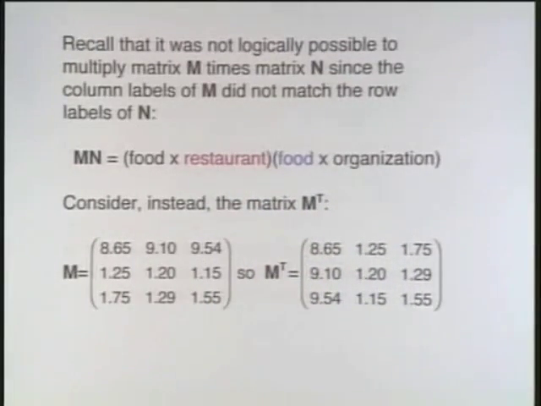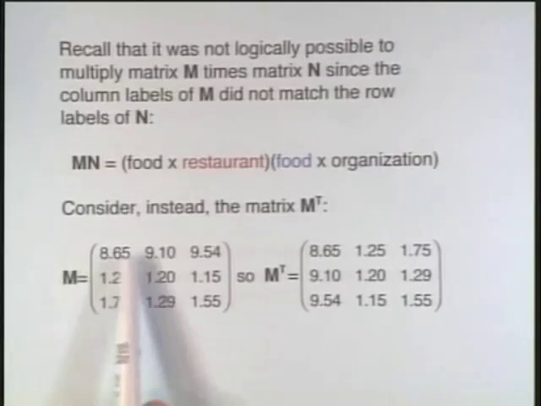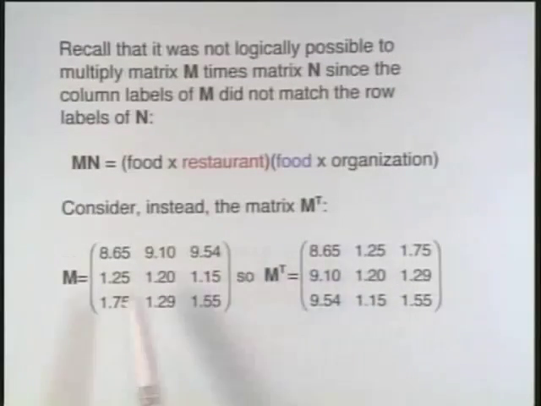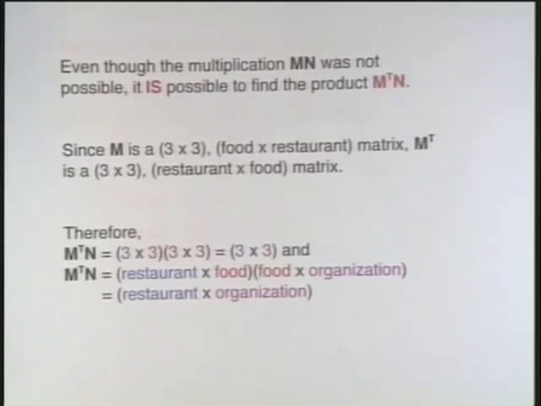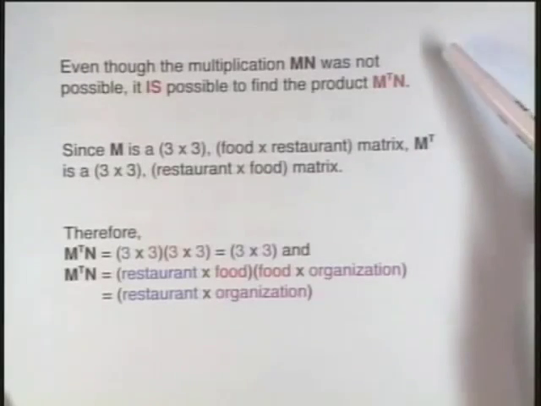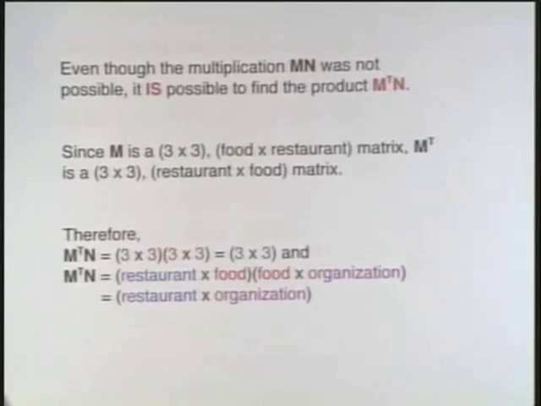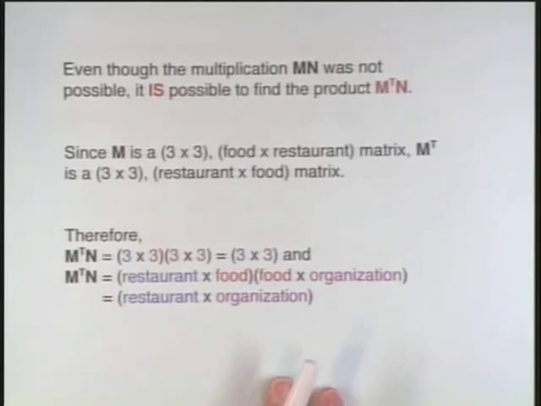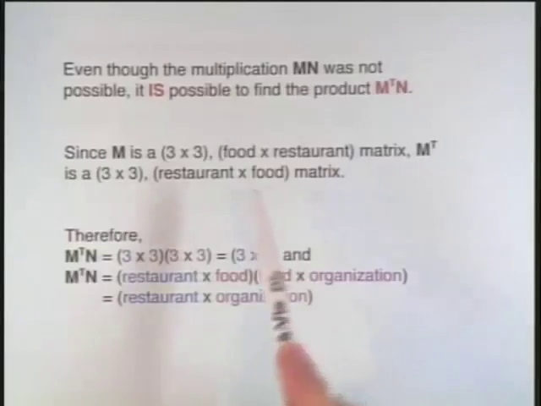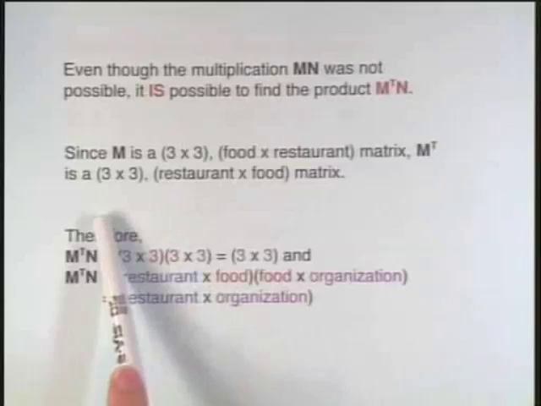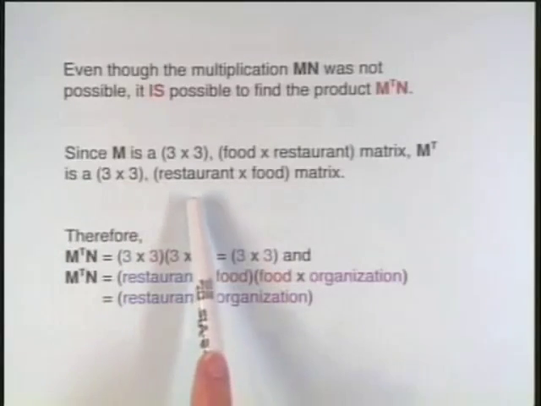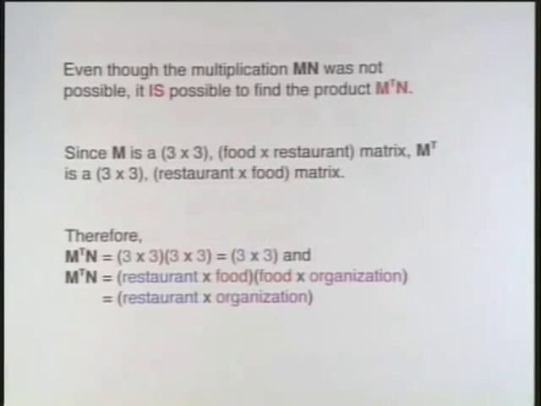Consider instead the matrix M transpose. Here's matrix M. We interchange rows with columns to get the matrix M transpose. Even though the multiplication MN was not possible, it is possible to find the product M transpose times N. Since M is a 3 by 3 food by restaurant matrix, M transpose is a 3 by 3 restaurant by food matrix.